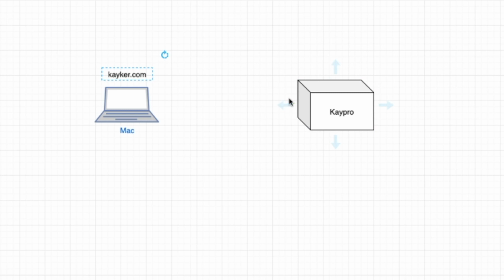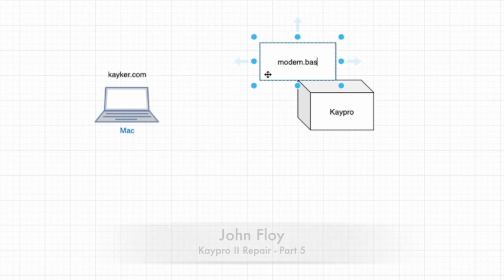So what I did was I wrote a program in BASIC, something I just called modem.bas, and actually pulled this from another gentleman on the internet, and I'll link over to his webpage or his video that I pulled this from. And I had to heavily modify this to get it to work.